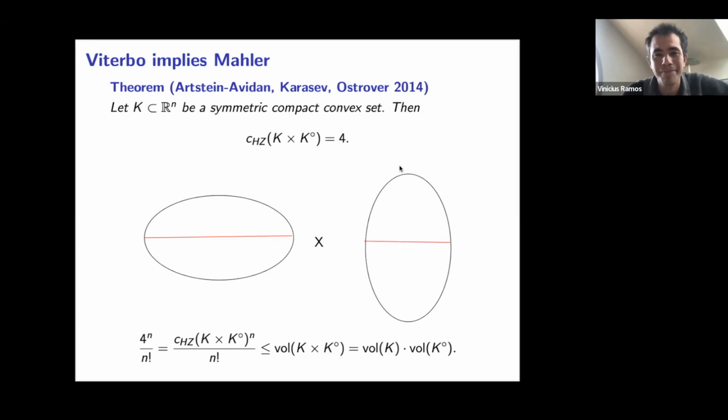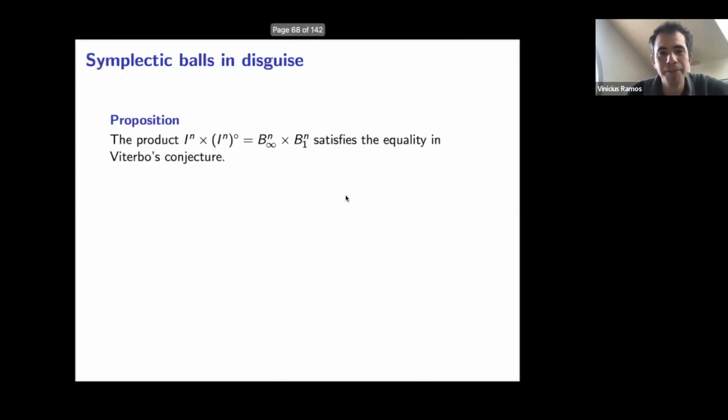Okay. All right, so let's continue. So now I want to tell you about some of the equality cases in Viterbo's conjecture. So one thing that you can easily see, as I told you, is for the hypercube. Actually, this is a slightly different calculation, but it's basically the same.